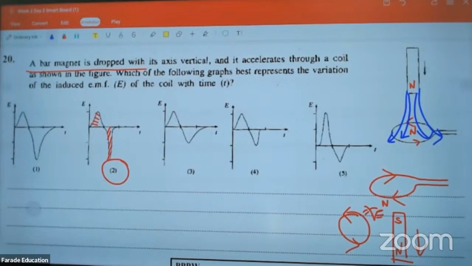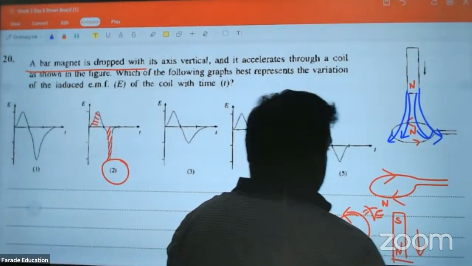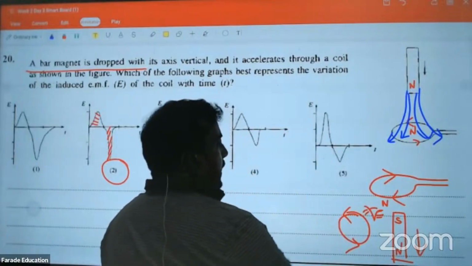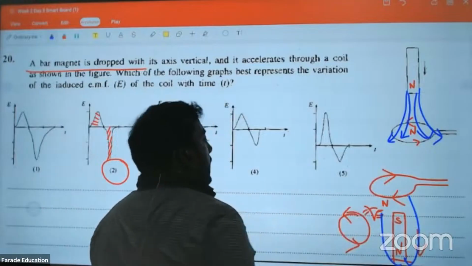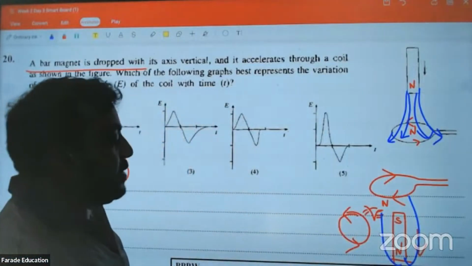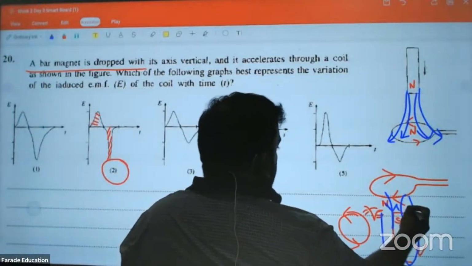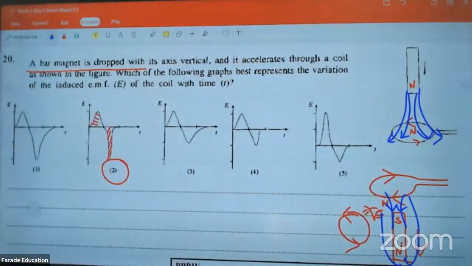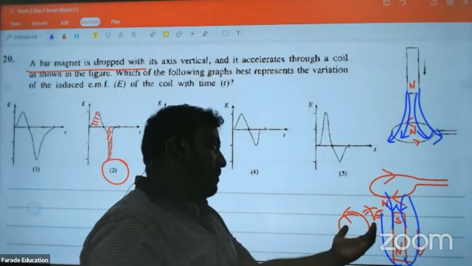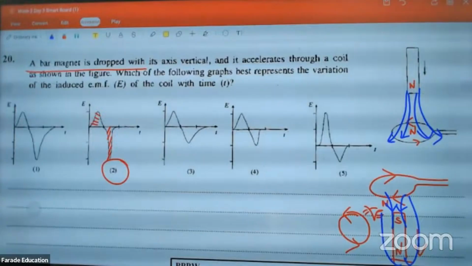And as it passes, the number of field lines linking will reduce. Therefore, a north pole is created from the bottom, when viewed from the bottom.